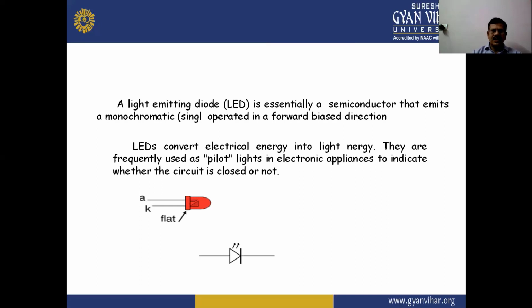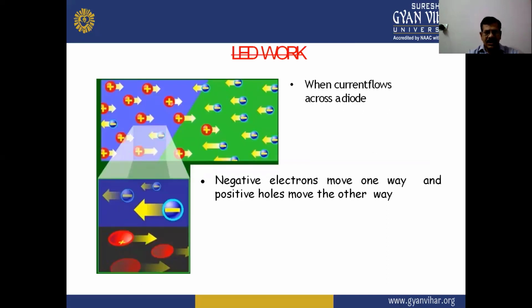Now the working of the LED. We see here that in an LED there are basically two types of semiconductor material used, one is P type and the second is N type, and there is also the formation of a junction. Charge carriers cross the junction from one side to the other.